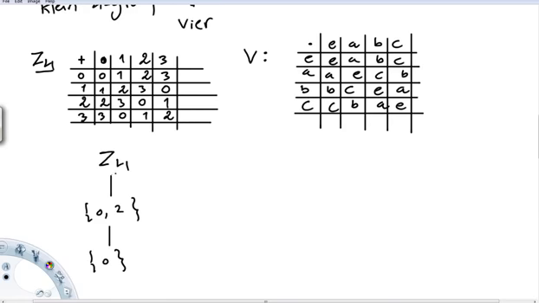So Z4, the only proper subgroup of Z4 is the set Z2, because this one is the improper subgroup of Z4, okay?